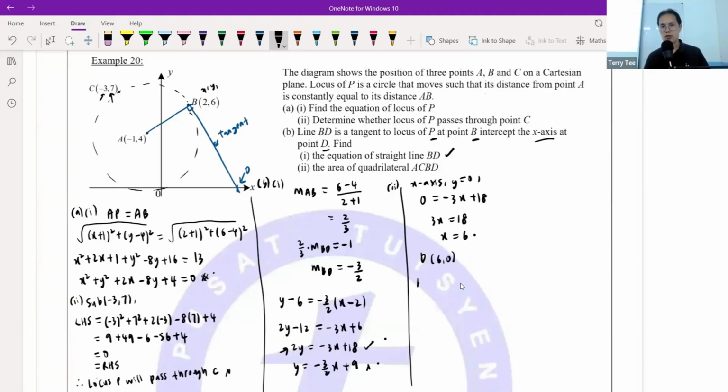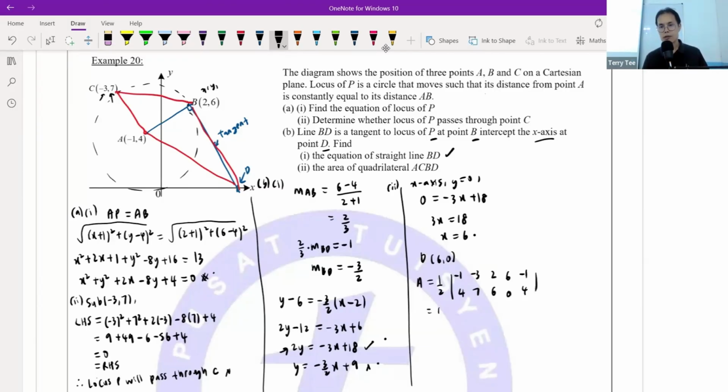So you're supposed to find the area of the quadrilateral ACBD. You're supposed to find the area of this quadrilateral, right? So we can use the formula: half of the determinant of x1, y1, x2, y2, x3, y3, repeat the first point, x4, y4, repeat the first point.